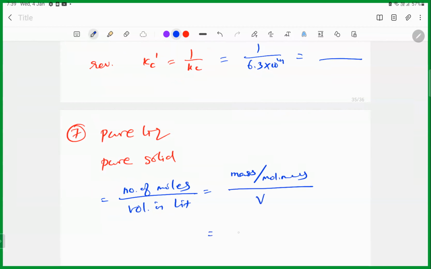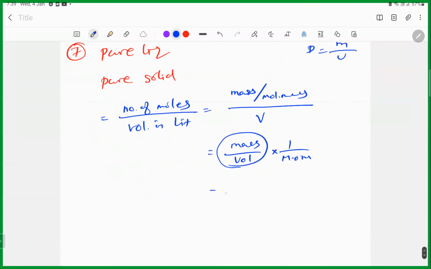So mass by volume into 1 by molecular mass. Mass by volume is density, so that's equal to density divided by molecular mass. When you take a pure liquid, the density will not change and the molecular mass will not change. That's why we consider it as unity.